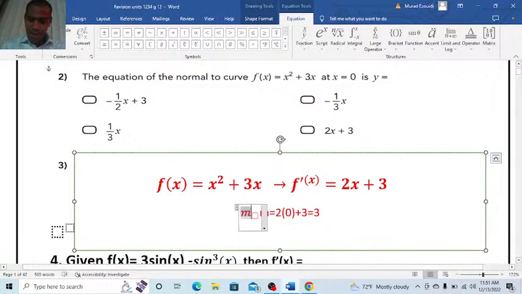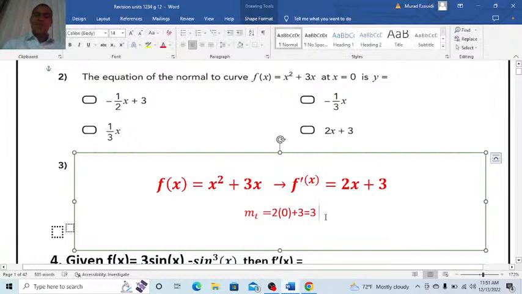This is m, and this is small t, meaning the gradient of the tangent, which is equal to small m, which is equal to 2 times 0 plus 3, which is 3.